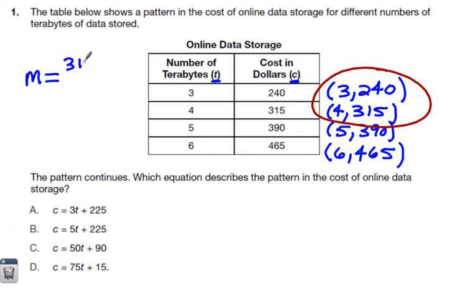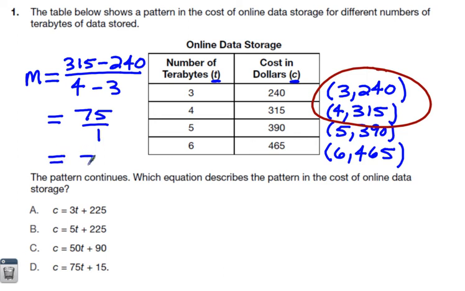So we're talking 315 minus 240 all over 4 minus 3, and so this should be 75 over 1, which is 75. So my m value, my slope of all these ordered pairs, is 75.